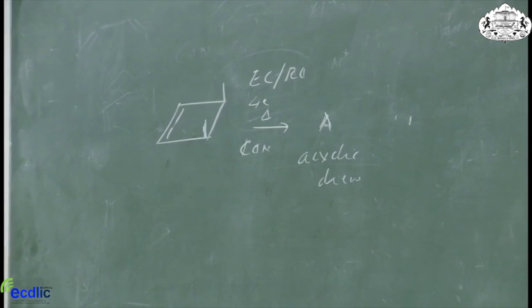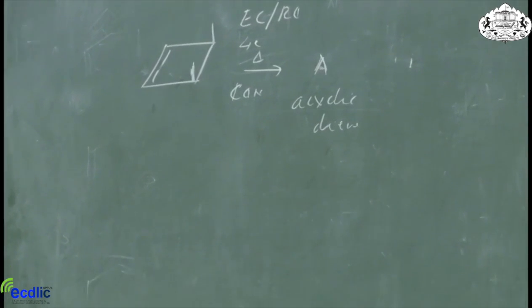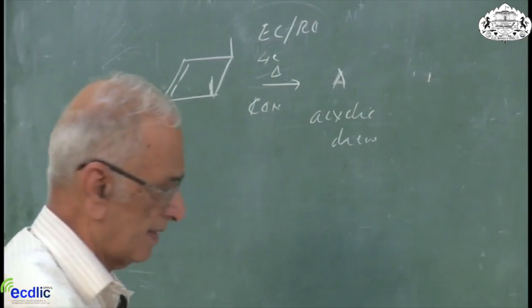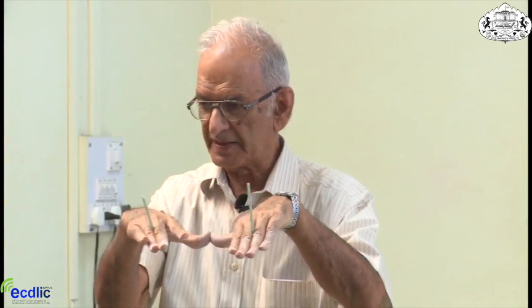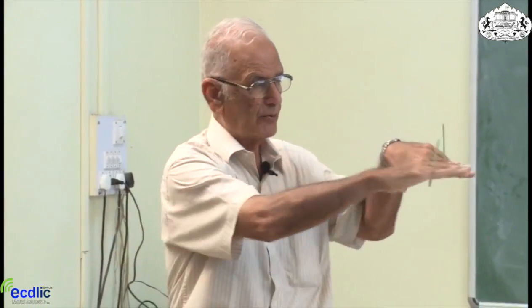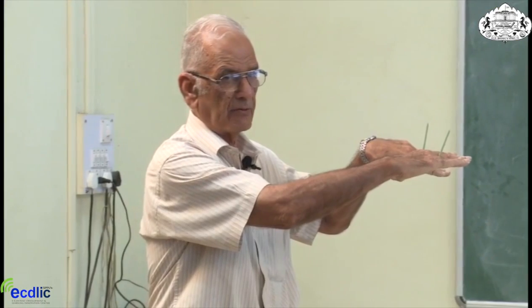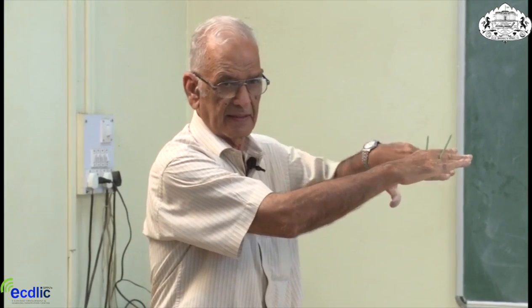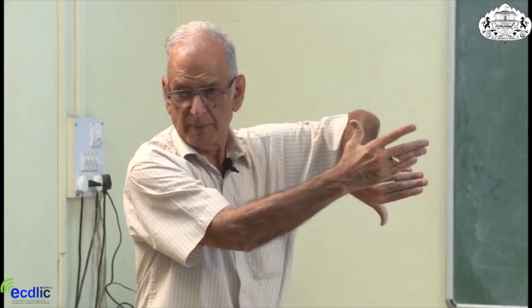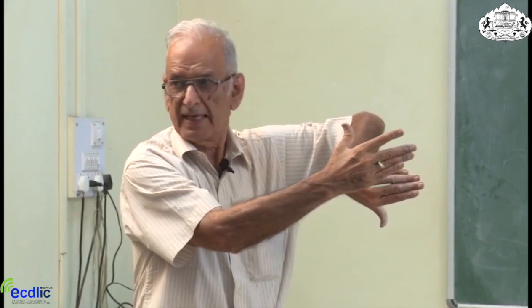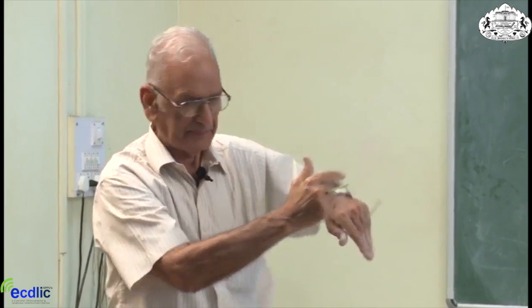So, what are we saying? Our two methyl groups are both on the upper surface. What is the meaning of conrotatory? My thumbs are going to move clockwise. Therefore, one methyl group will be inside, one methyl group will be outside.